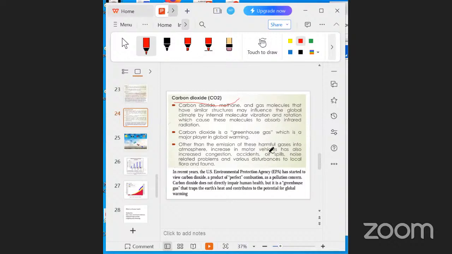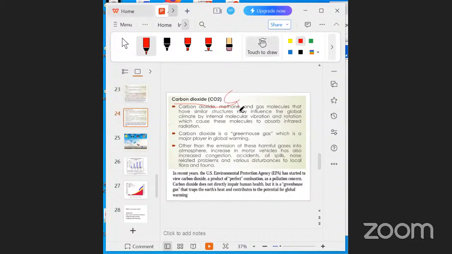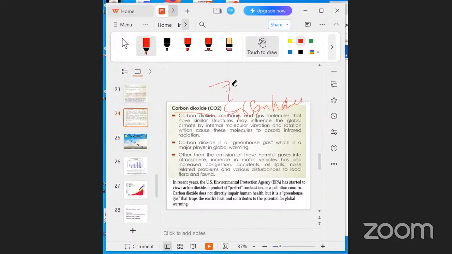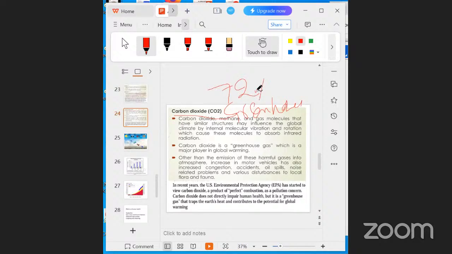It is one of the most abundant greenhouse gases, comprising 72% of the total by weight, and the others being methane, fluorocarbons, CFCs, and nitrous oxide.